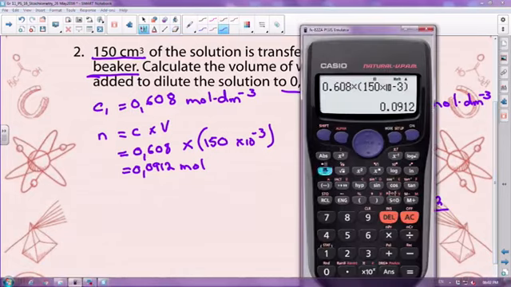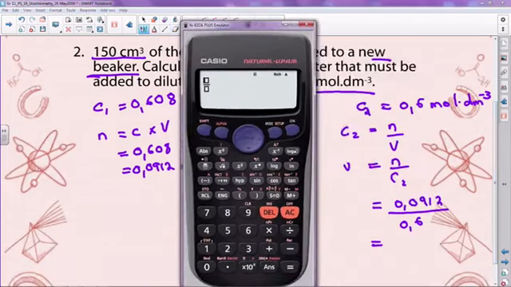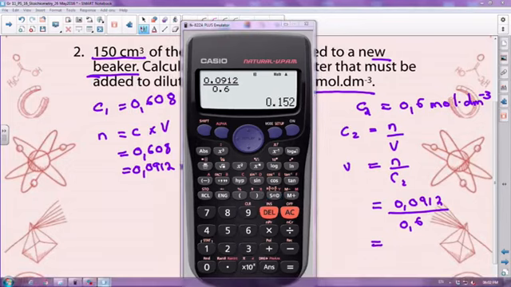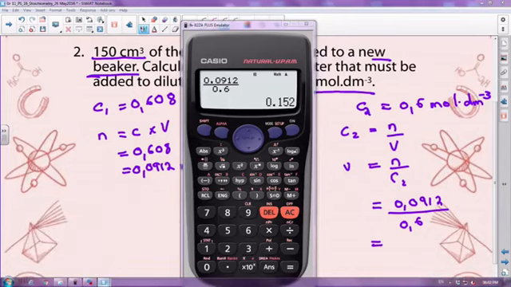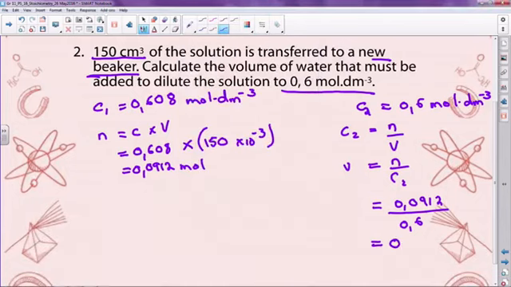Let's move it across again. 0.0912 divided by 0.6, and I'm going to end up with 0.152.